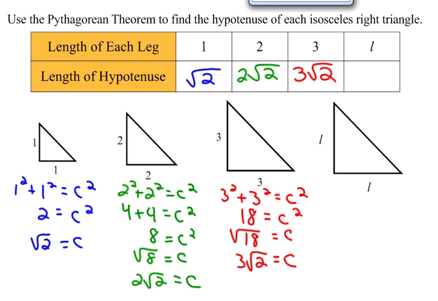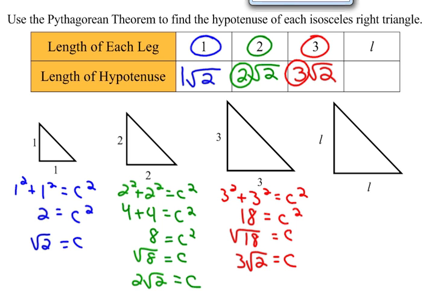Now, do you see a pattern that is happening in our table? The pattern that we're seeing is the length of the leg times the square root of 2. If you look at the first one, this is 1 square root of 2. The next one is 2 square roots of 2, obviously. Then we have 3 square roots of 2.